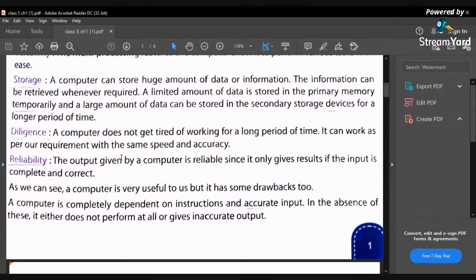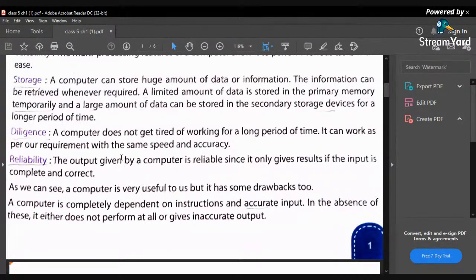When you give accurate inputs, then you can get the accurate result. And if you enter wrong information or wrong data, then you get a wrong result.